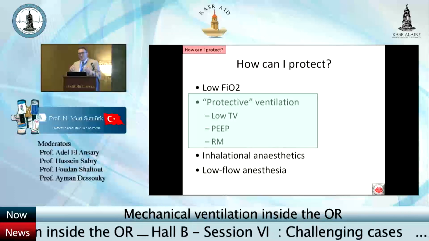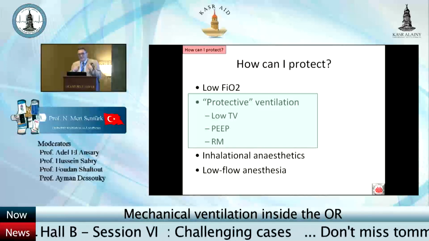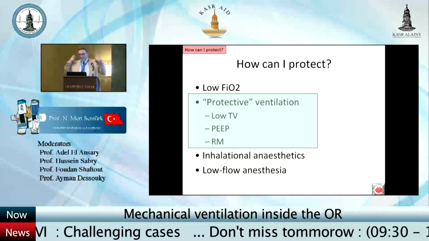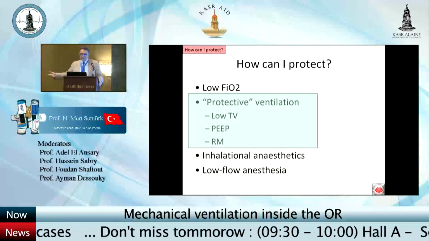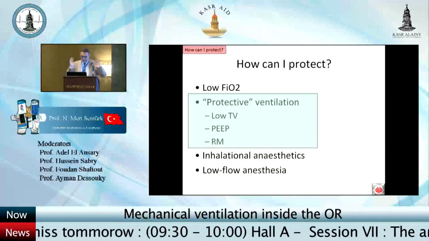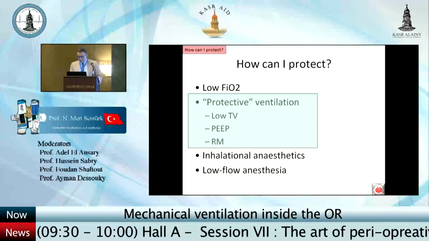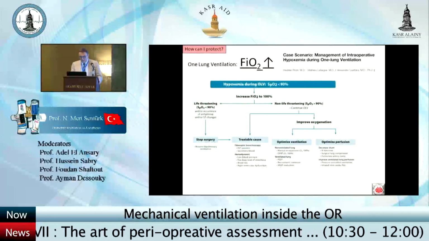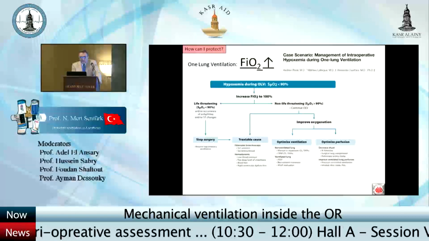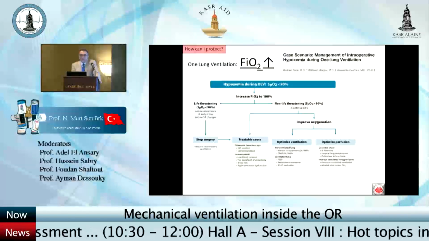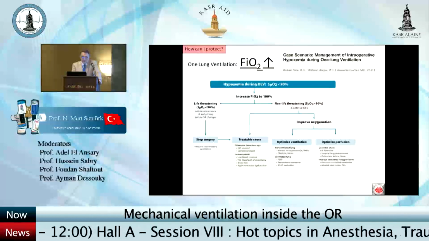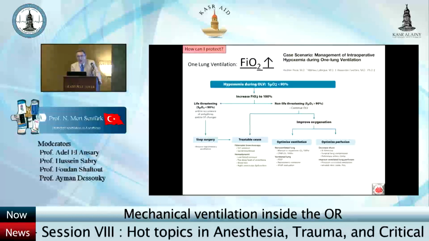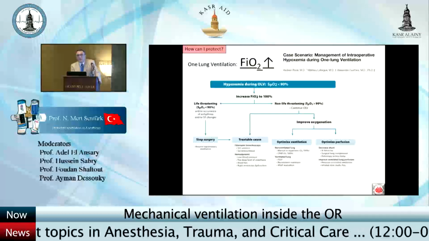Do you want to harm us? It's hazardous for the patient, and it's hazardous for us too. And therefore, please, low flow anesthesia is actually a part of protective ventilation. There are still a lot of studies and recommendations showing that a higher FiO2 is still beneficial.